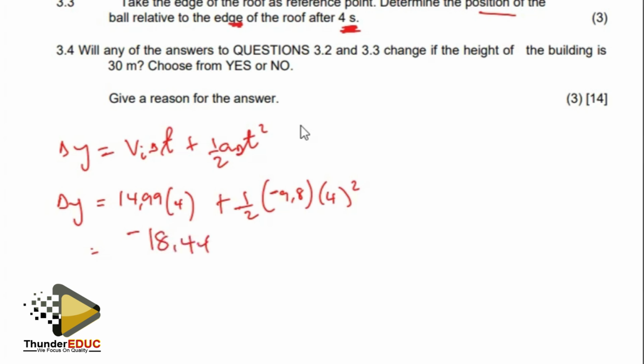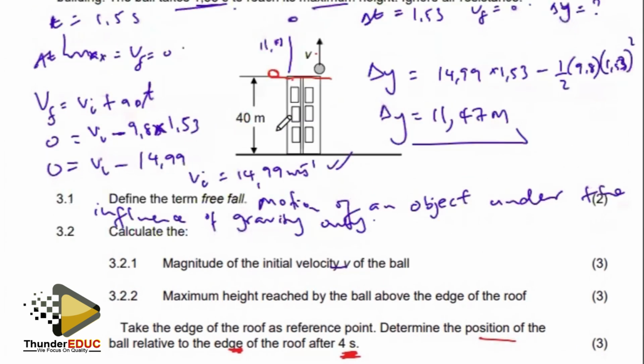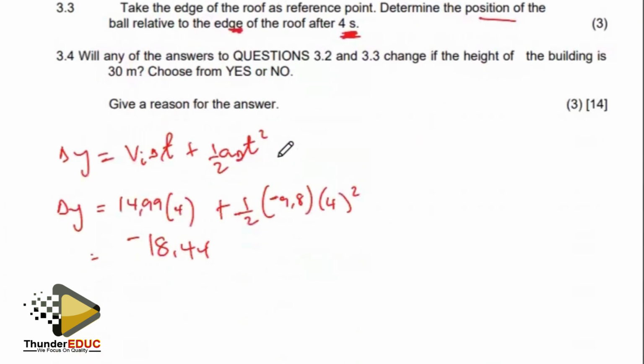One thing we need to know is that as long as an object moves from the point of projection, reaches maximum and comes back to the point of projection, we call that a displacement of 0. Afterwards, this 18.44 is just the distance below the reference point.